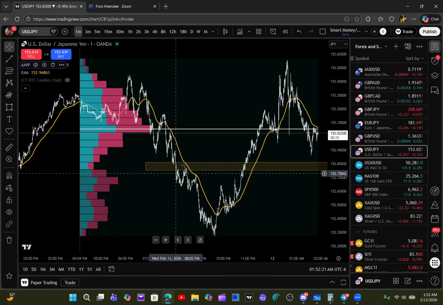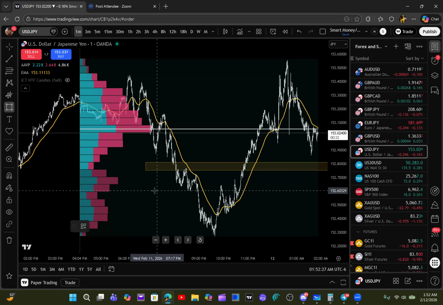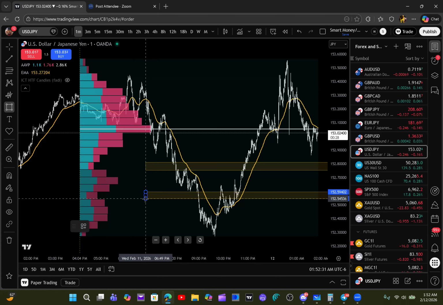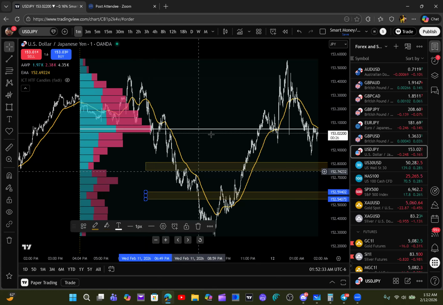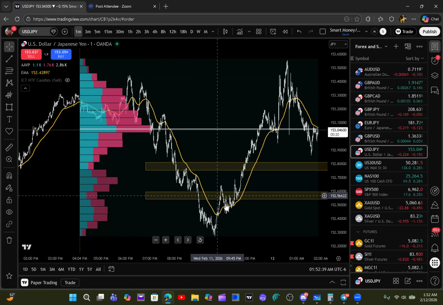See, it came through here and dropped. And I was looking at all the way over here. What about here? Came through. See, it broke through here.